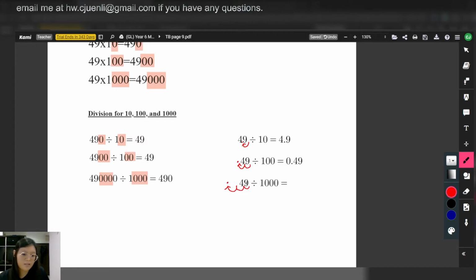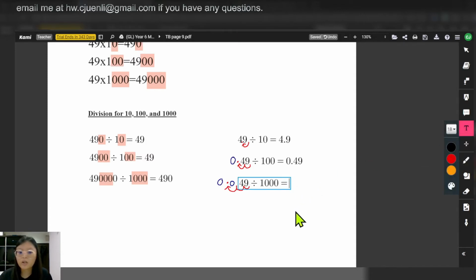So as you notice, I moved 2 numbers and there's one more spacing right over here. I'm actually going to put in a 0 inside of this spacing, right? So over here you have 0.49. Over here you have 0.049.